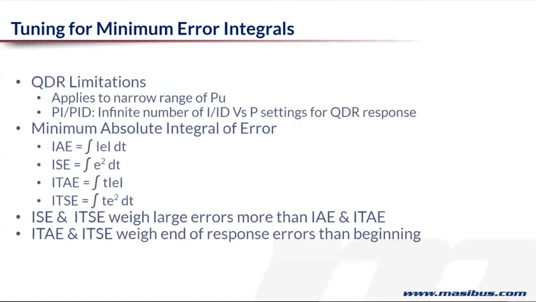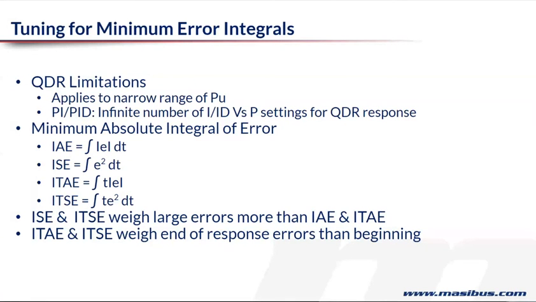There is something else we are talking about. We looked at the open loop response, but when you tune using those open loop response parameters, you can tune for the quarter decay ratio, but it has some limitations.